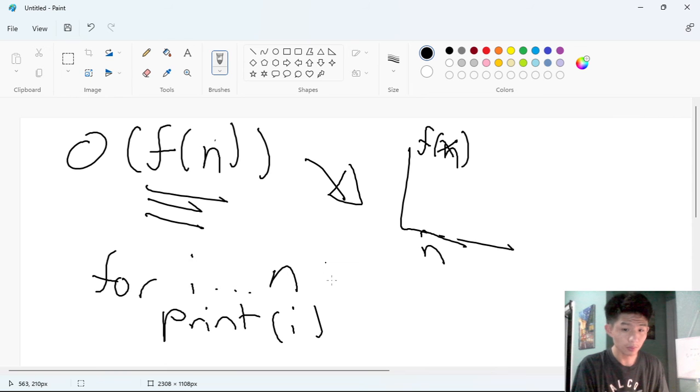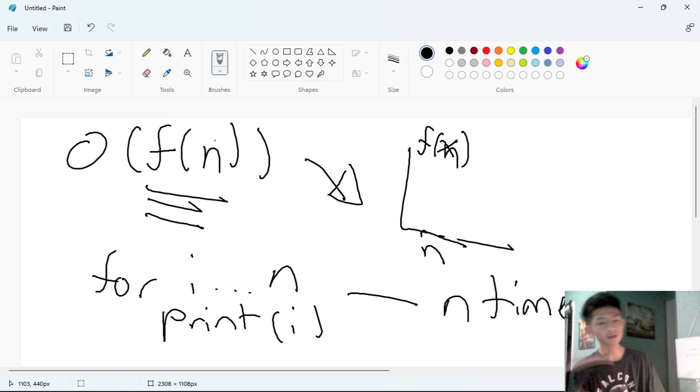And this for loop would run n times. And n can be any number. If I put in 1,000,000, this for loop is going to run 1,000,000 times. If I put in 10, it's only going to run 10 times. And this makes a linear function.